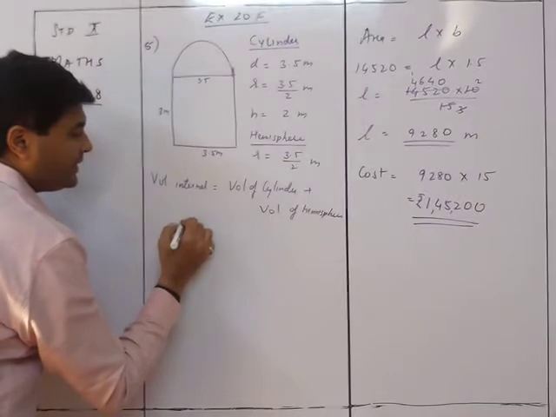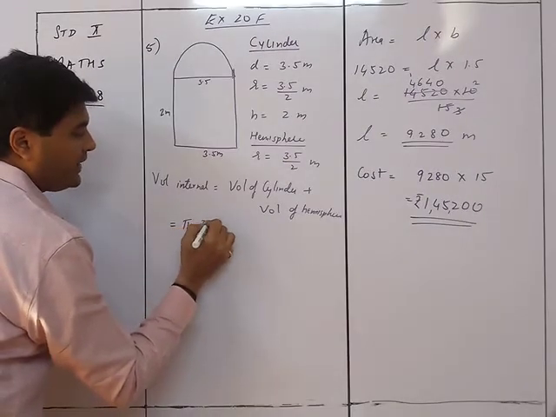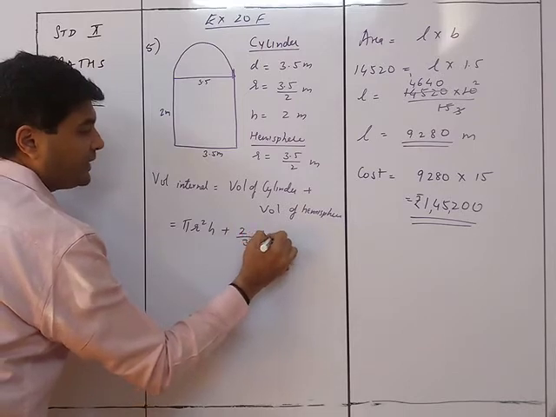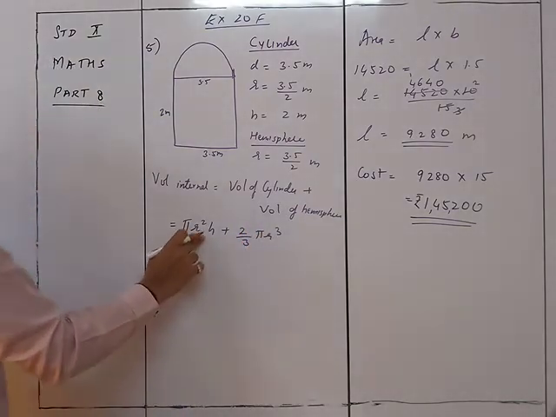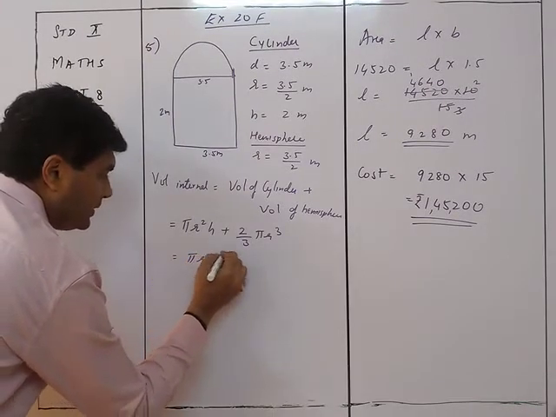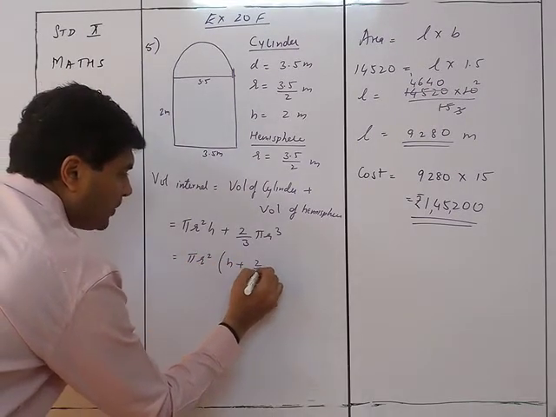Now volume of the cylinder is pi r square h and the volume of hemisphere is 2 upon 3 pi r cube. Pi r square is common in both of them, so it will be pi r square into h plus 2 upon 3 r.